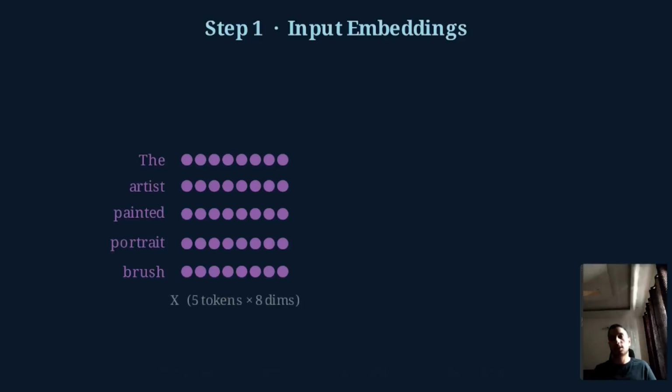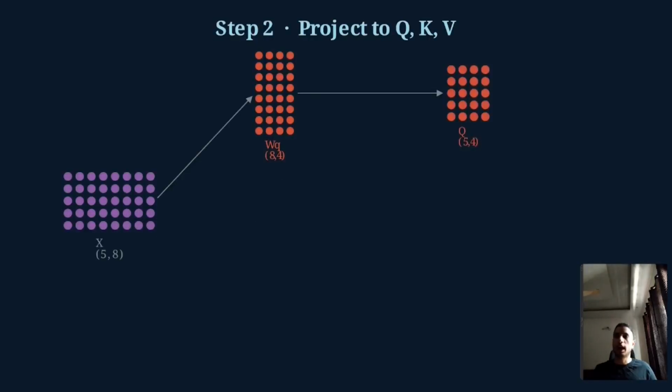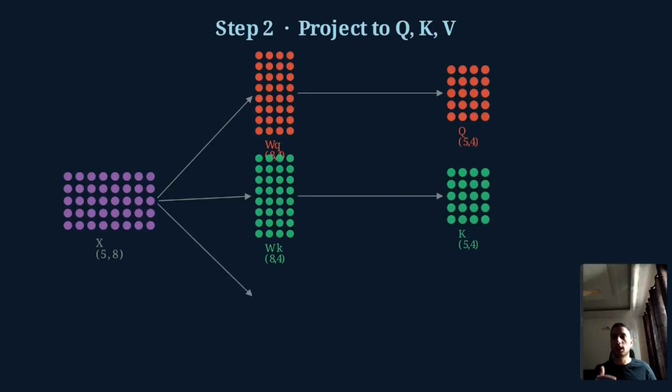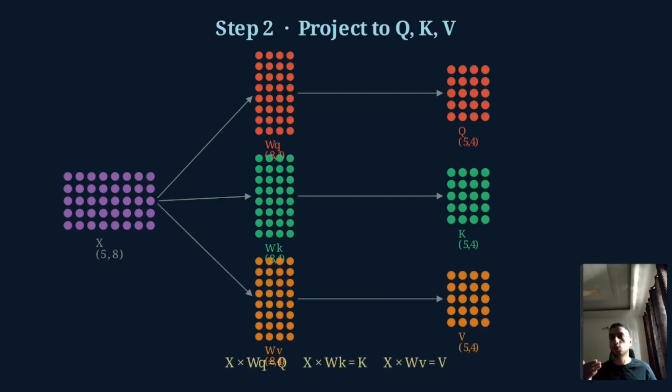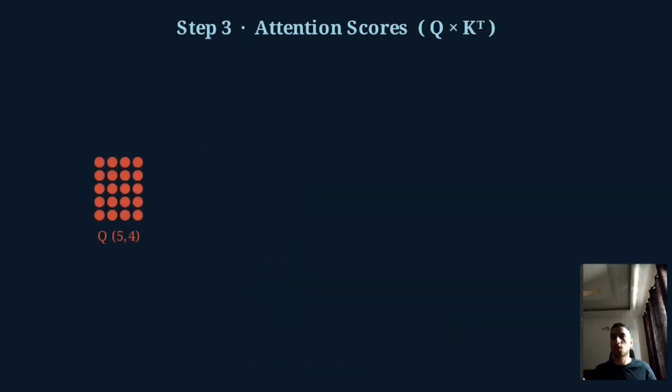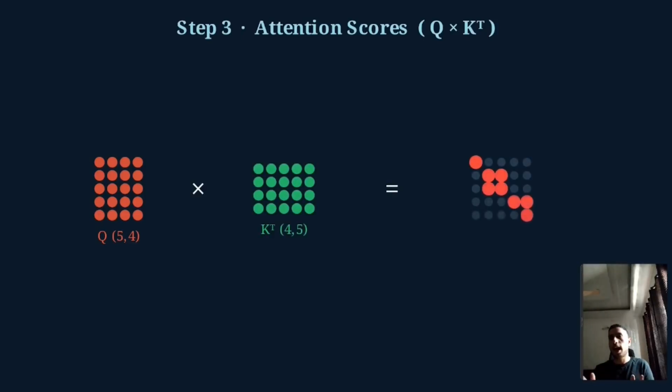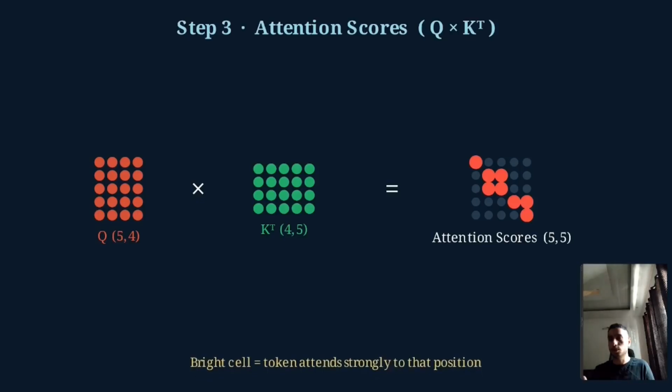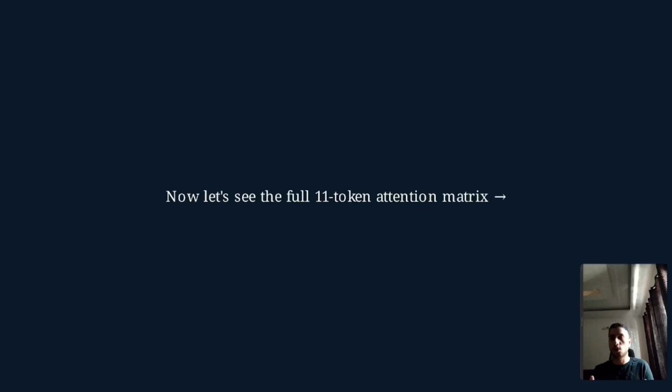So we have a sentence, and for example, I've just taken an example sentence, and then we pass it through input embeddings and then through query key value weights that give us query key value matrices. Using these matrices and the attention formula, we multiply the query matrix with key transpose and we get our attention scores. We scale them later on, but this is how we get the raw attention score.